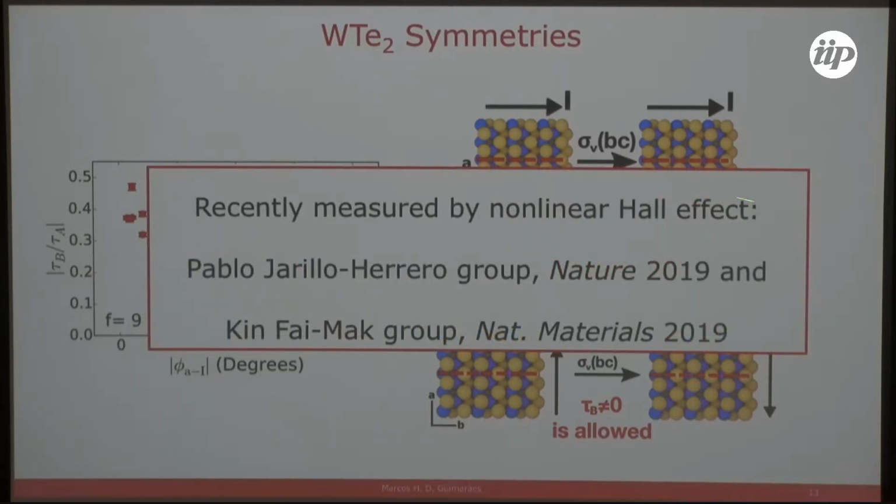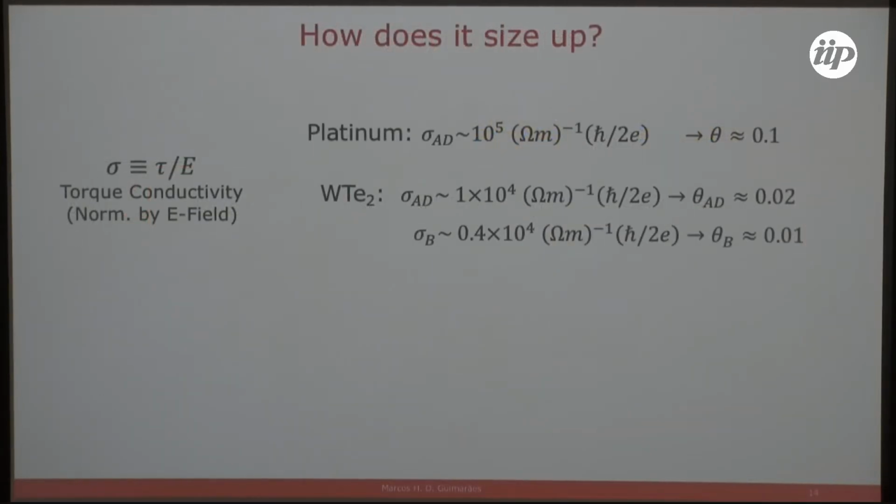And an effect similar to that was recently measured by the MIT group and the Cornell group, Pablo Herrero and Kin Fai Mak, and it was published earlier this year in Nature Materials. Although they still don't know very well what the microscopic mechanisms are, so there is still a lot of debate there.